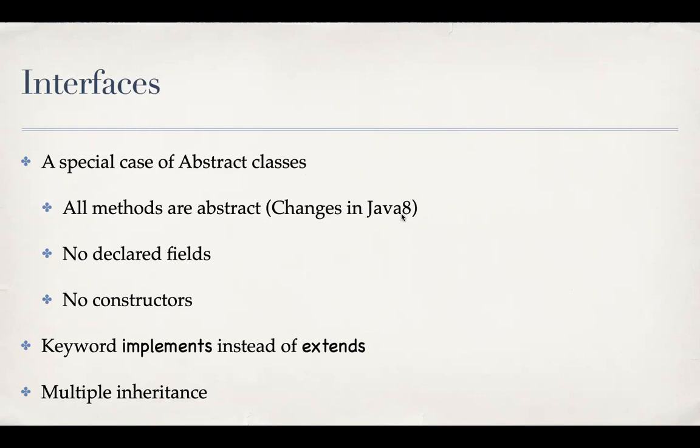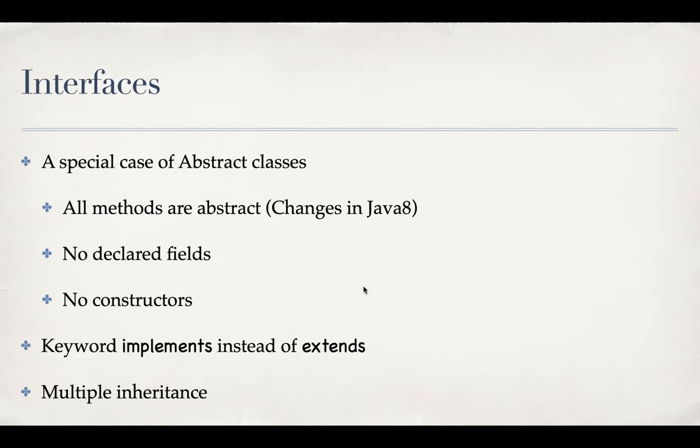There are certain reasons for why they did this. We won't go into those here, but if you're interested, you should look up what the default keyword does. You cannot have any declared fields, and of course no constructors in an interface, sorry.